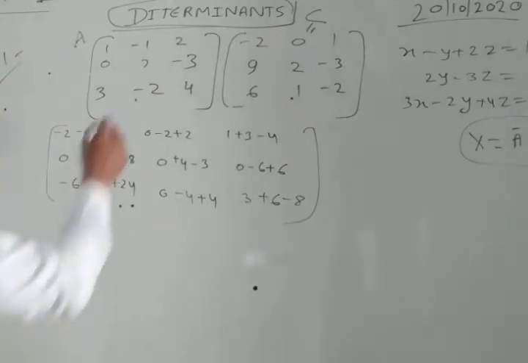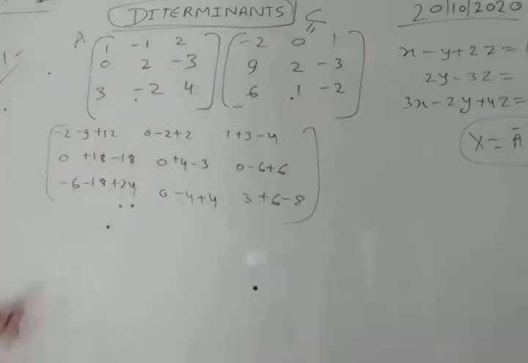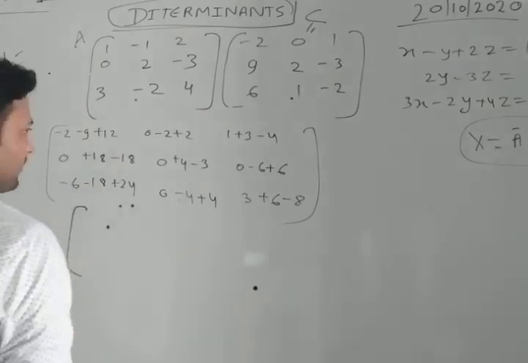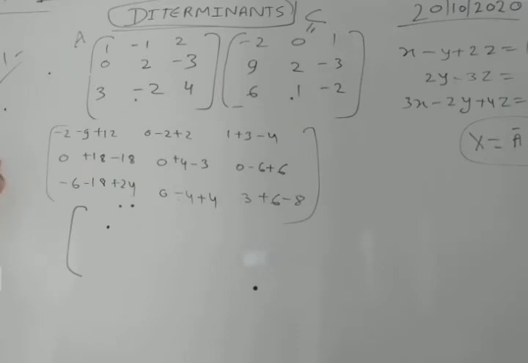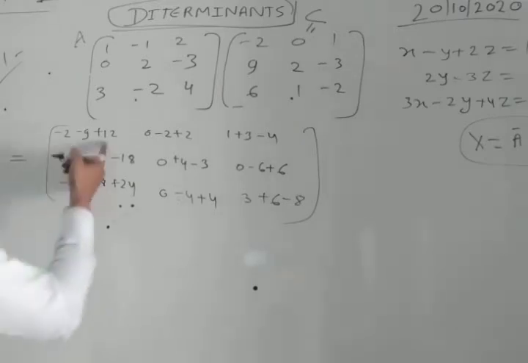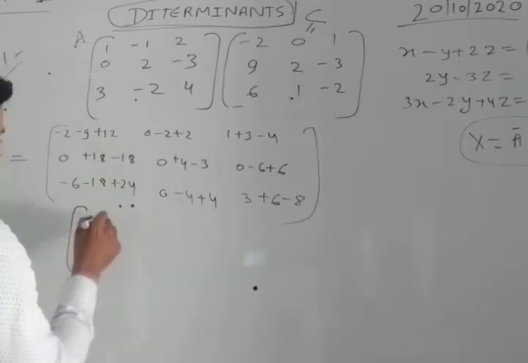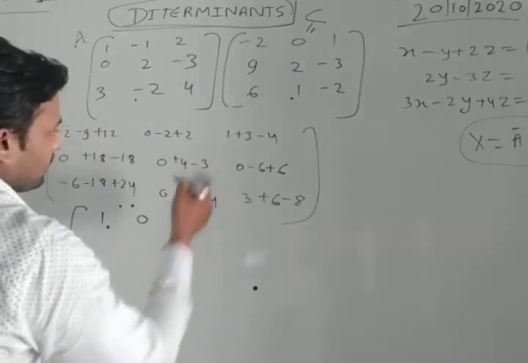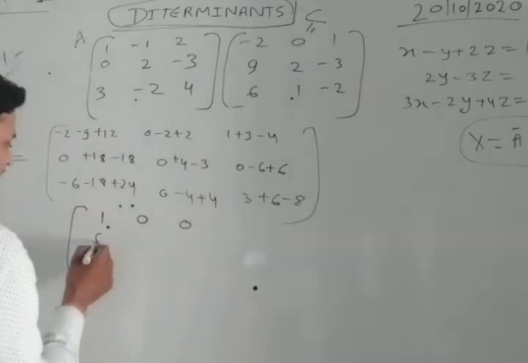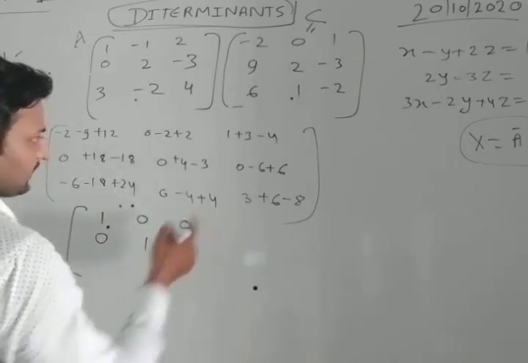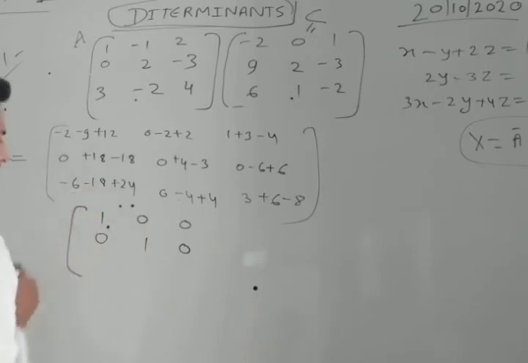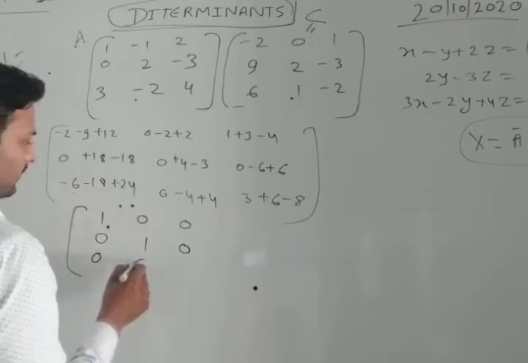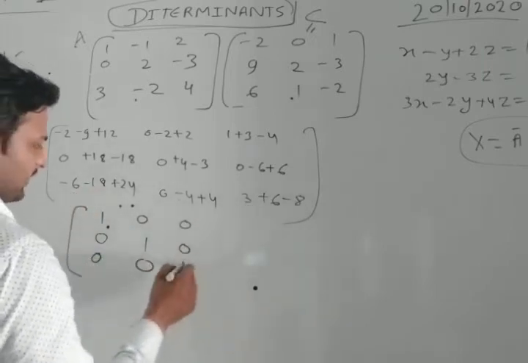Now solve this. What we are getting is our A into C. This is 12 minus 11, 1, this is 0 and this is 0, this is again 0 and this is 1, this is 0, and so on, finally 9 minus 8, 1.